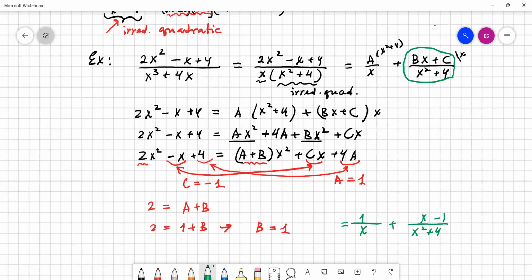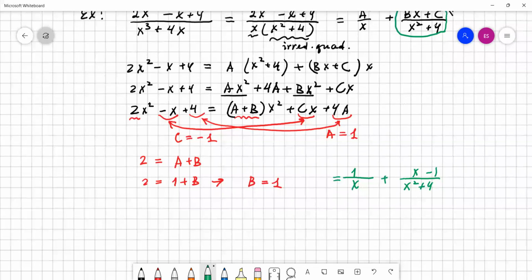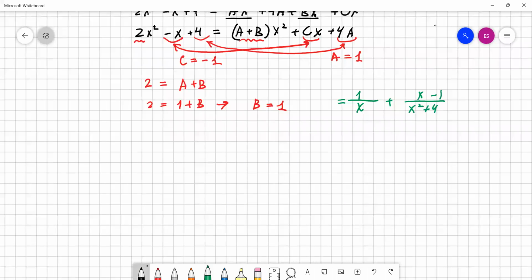The last case, I'm not going to consider examples, but I'm going to give you the idea of what the case is. That's going to be case 4. Case 4, we have an irreducible repeated factor. Let me write down repeated first.